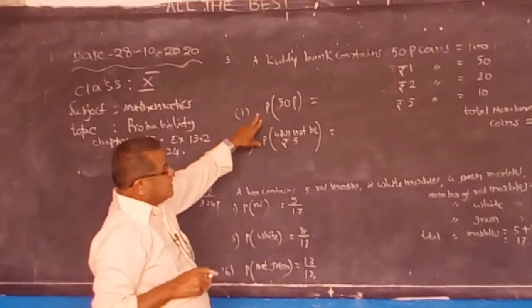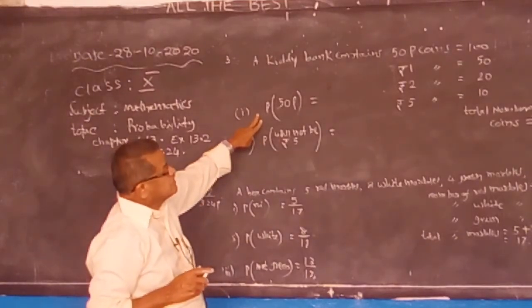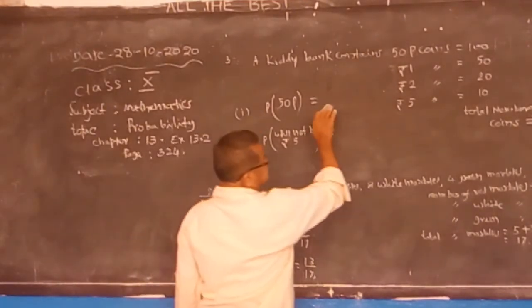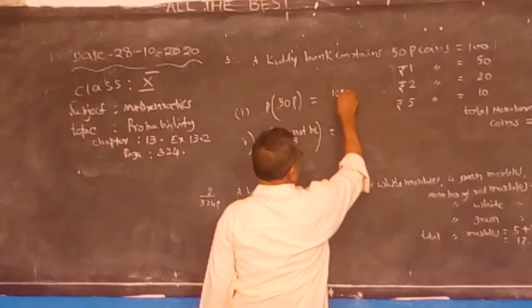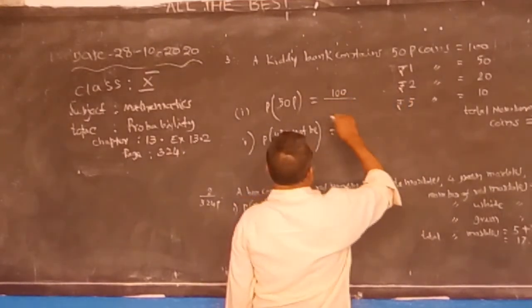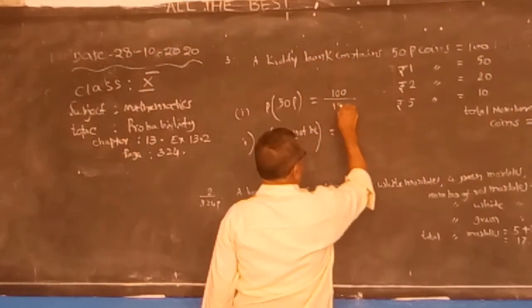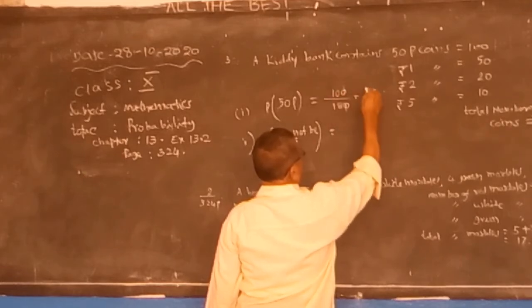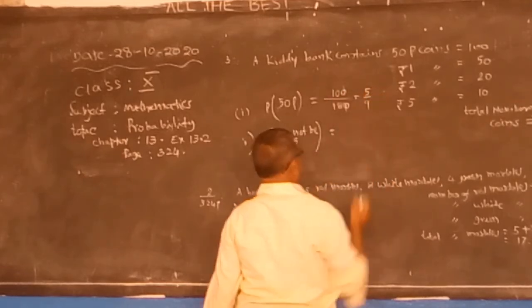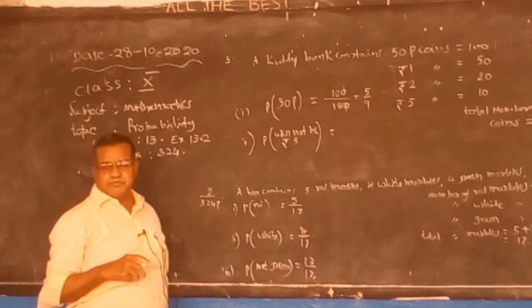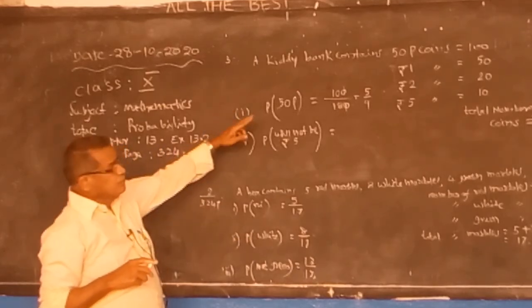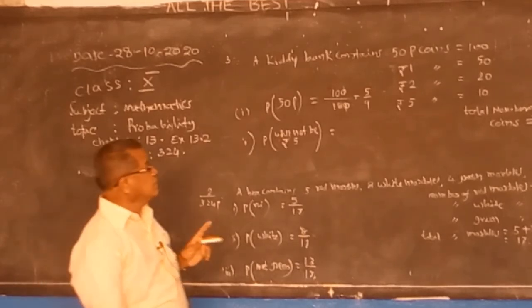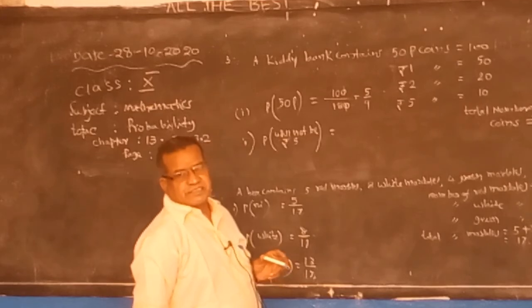How many 50 paise coins? 100 out of 180. So 100 by 180, the zeros cancel, 5 by 9. Now this is the answer: the probability of a 50 paise coin is 5 by 9.